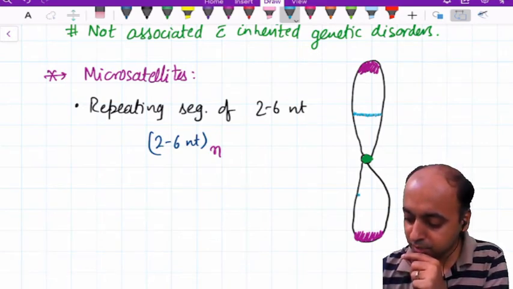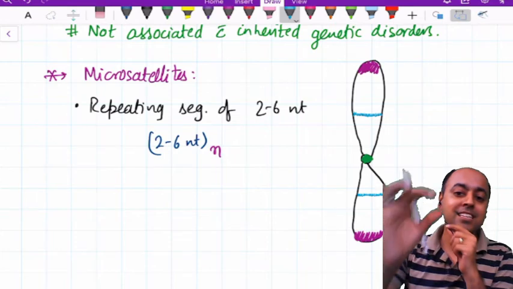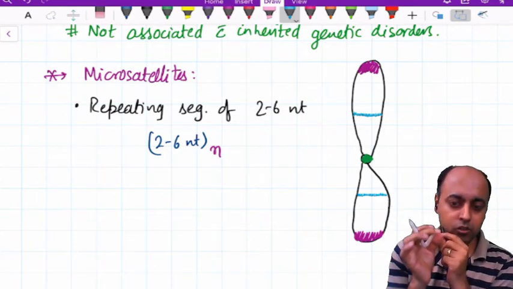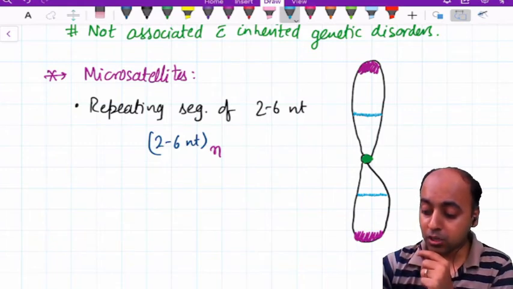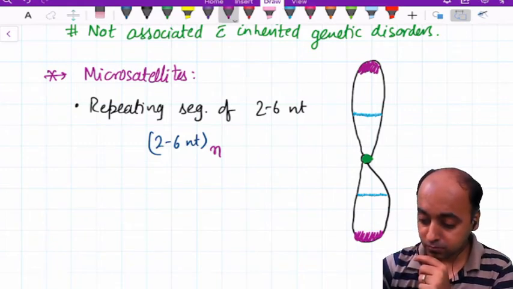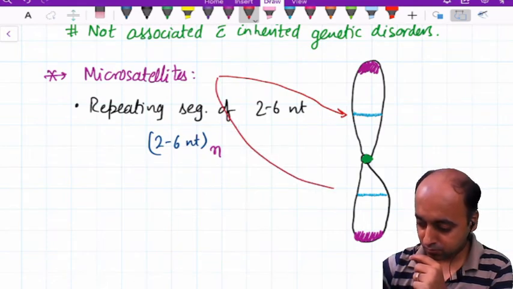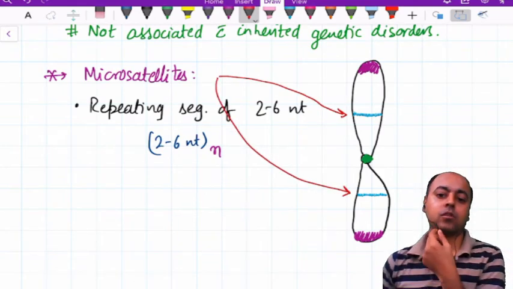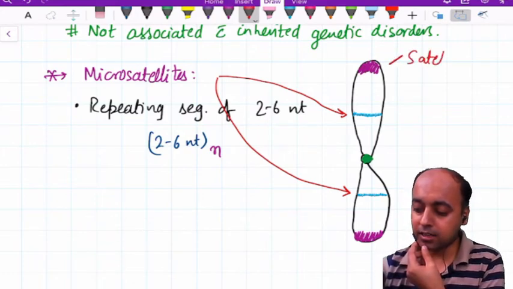If the segment which is showing a different banding pattern from the rest of the DNA is a thick segment, it is satellite. But if it is a very thin segment, it is called the microsatellite. Whereas these segments are satellites.